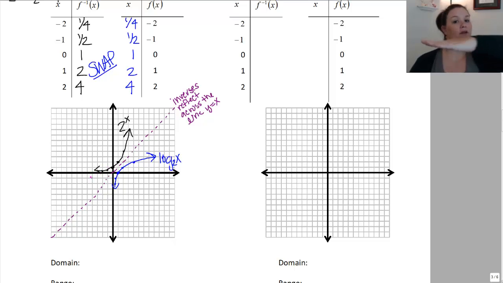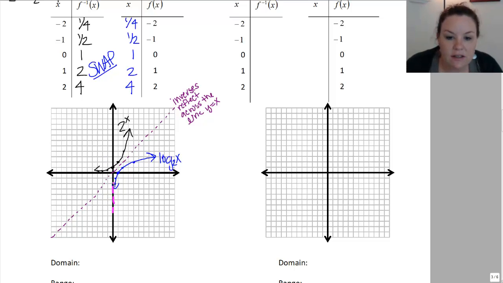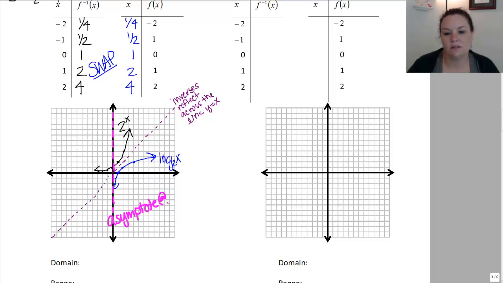So if y equals 0 is my problem area, then when I swap all my x's and y's, now x equals 0 is going to be my problem area. So notice as this blue function heads down, it's never going to touch or cross the y axis, which means that we have an asymptote at x equals 0.